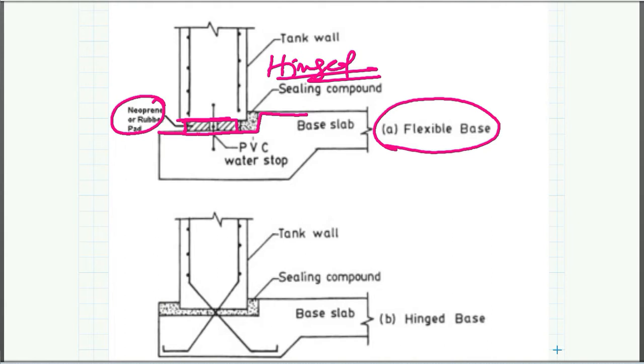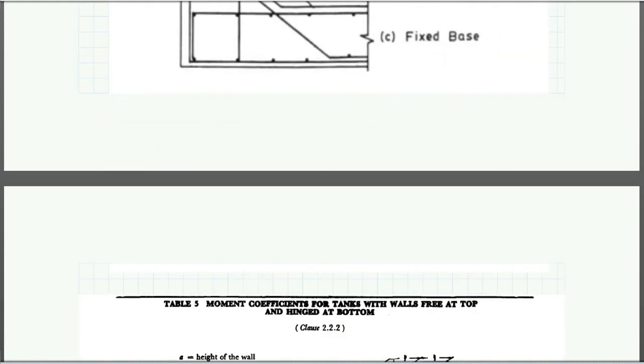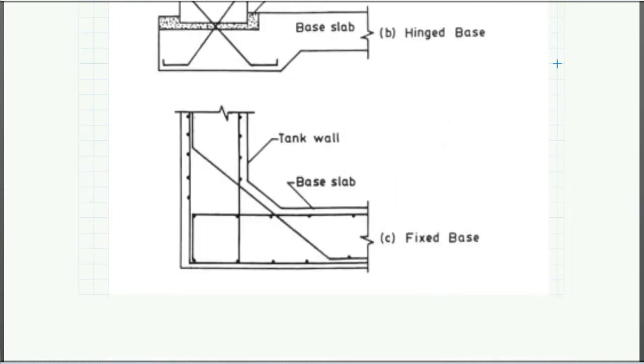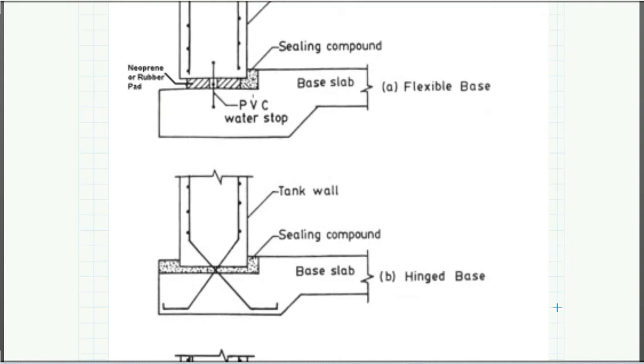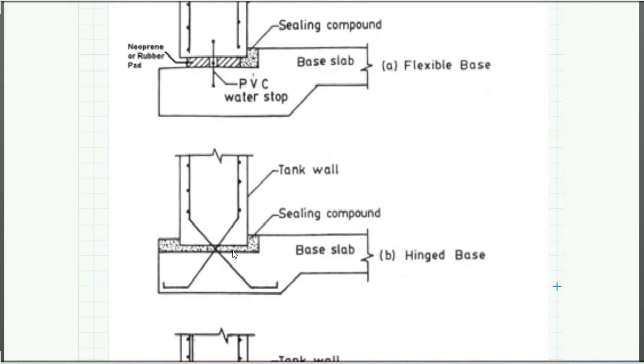Then similarly you can see over here this one, some sealing compound as well as the reinforcement are put inside, making a joint at a point so that it behaves like a hinge.